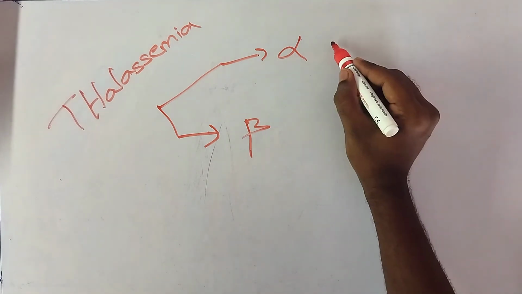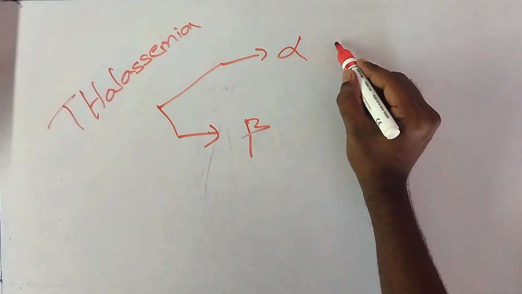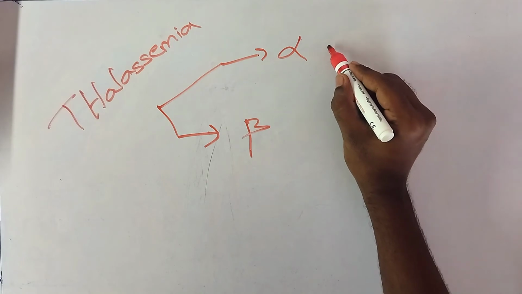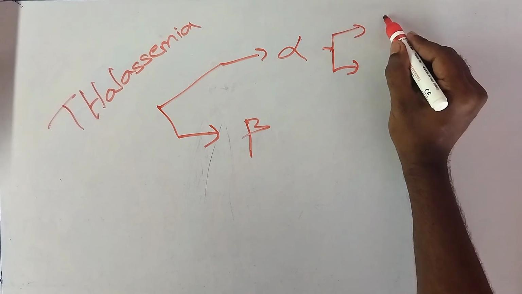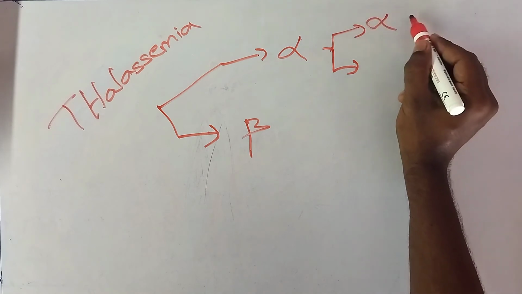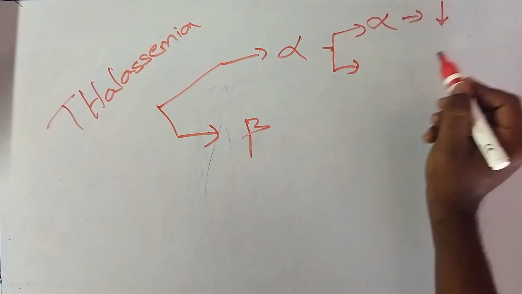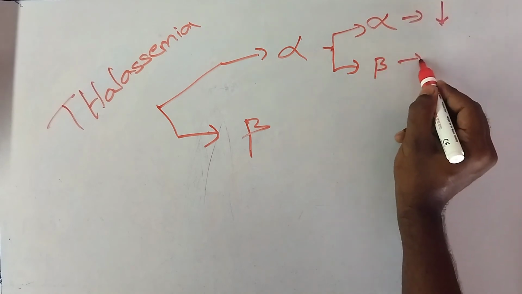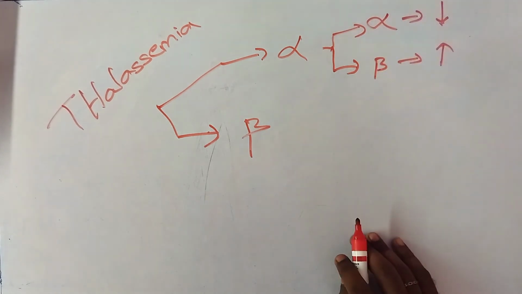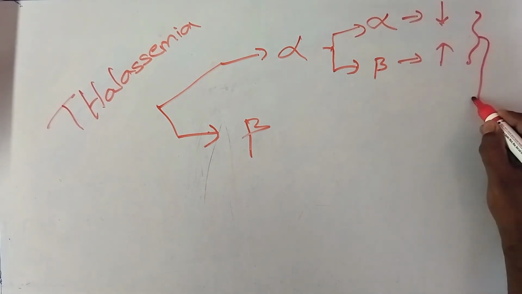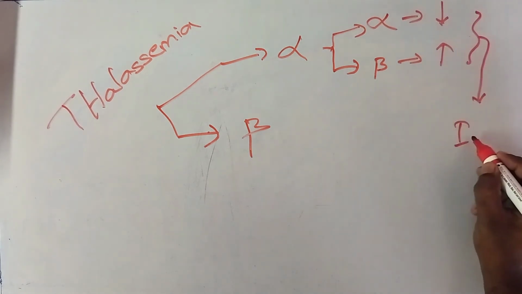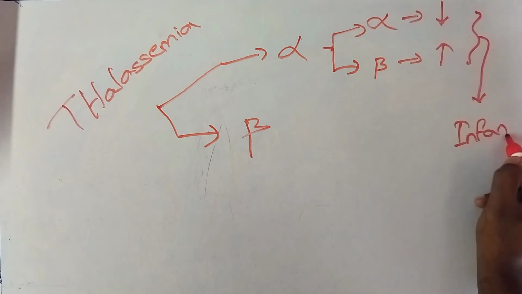Coming to the alpha thalassemia, there are two chains, alpha and beta. In alpha thalassemia, alpha chains are less and beta chains are more. This condition occurs in infants.